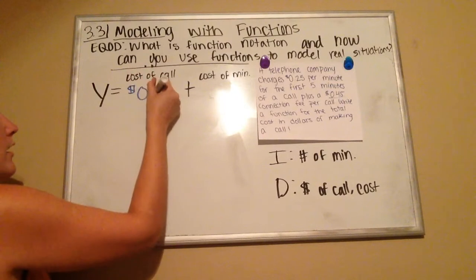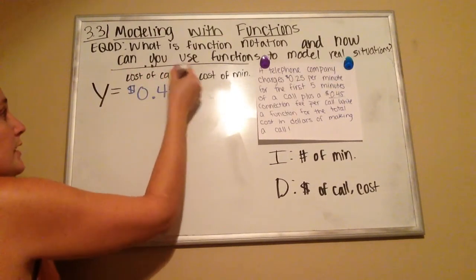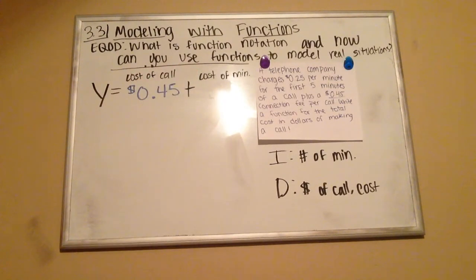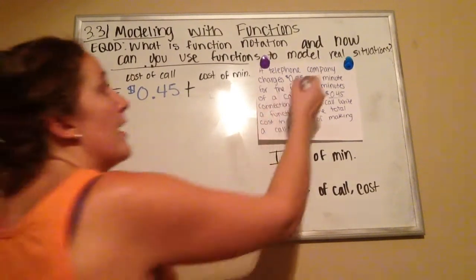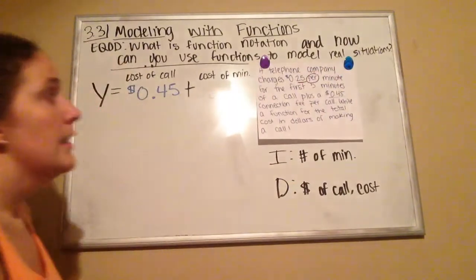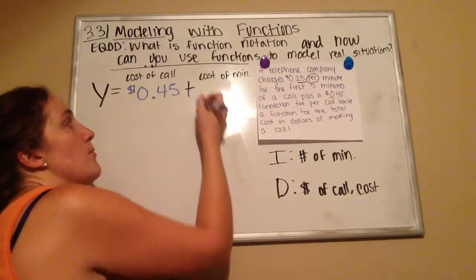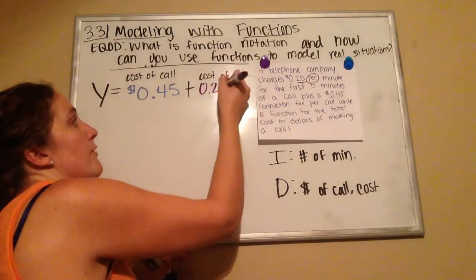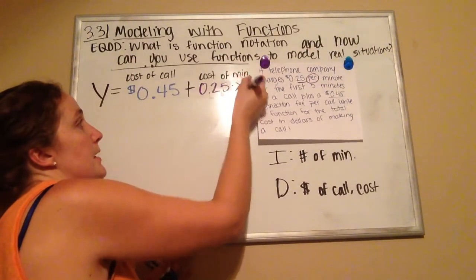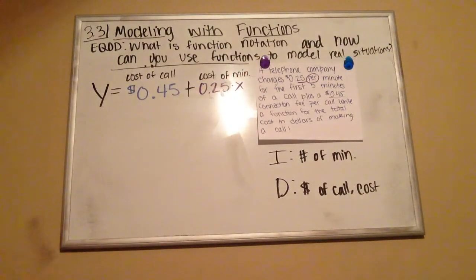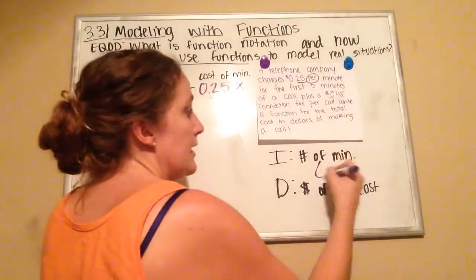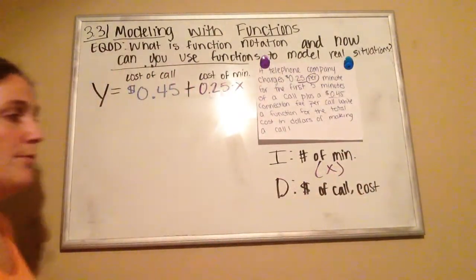So even if you don't talk at all, it's just 45 cents to connect. But for the cost of the minutes, it tells us it's 25 cents per minute. Anytime it says per minute, that means you're going to be multiplying. So 25 cents per minute, and minute, we're just going to call that x, because x is always our independent variable. Since the number of minutes was our independent variable, that's x.